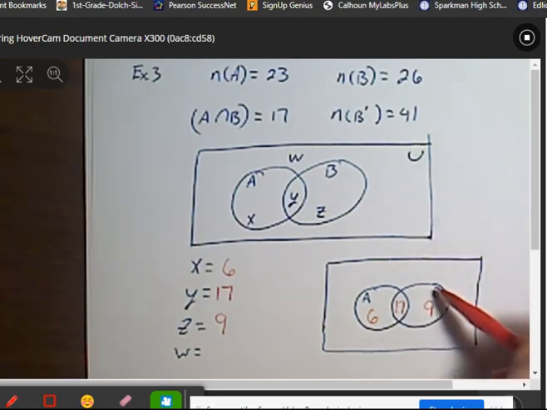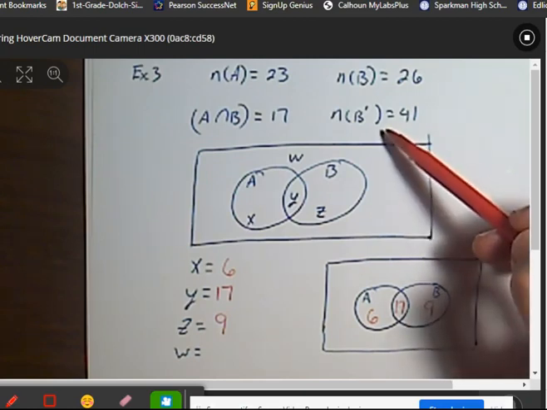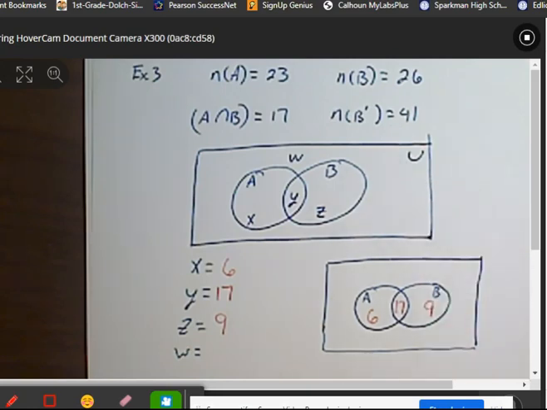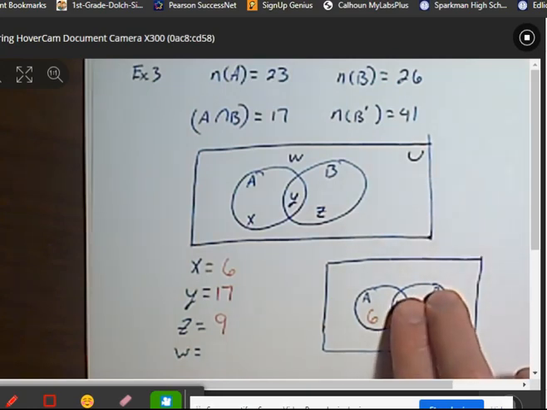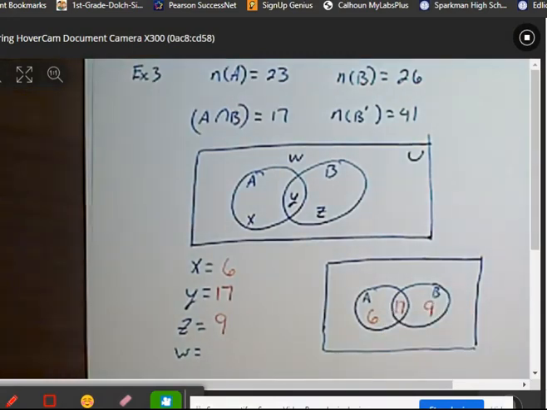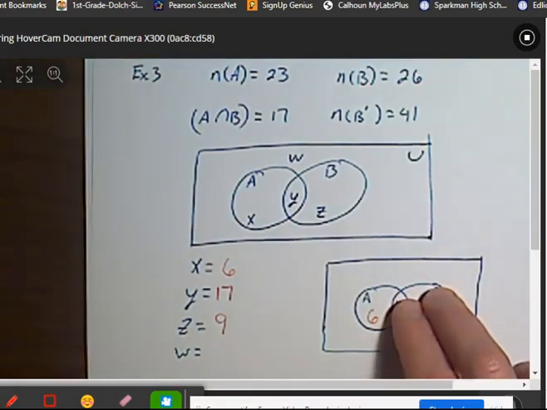Well, if there's 26 that's here, says there's 41 that's not B. So it's not B, that's going to be, take out the B that's here, and that's everything else that's kind of back out over here with all these other pieces. So if we've got 41 that's not B, so basically we take this part out.